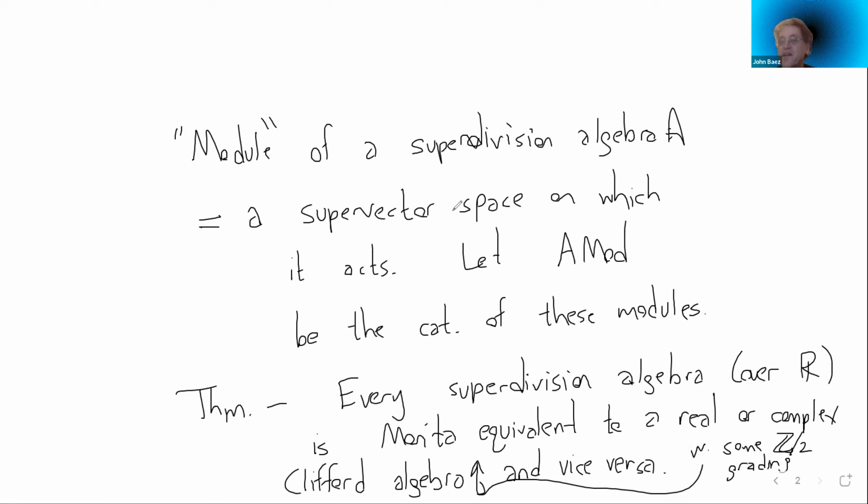And so the category of modules of C tensor C is the category of split complex vector spaces. By split, I just mean that it's written as a direct sum of two parts.